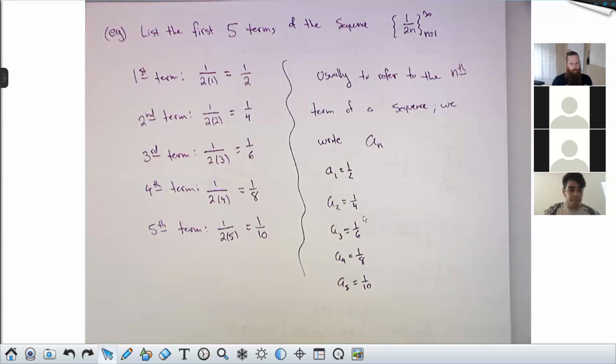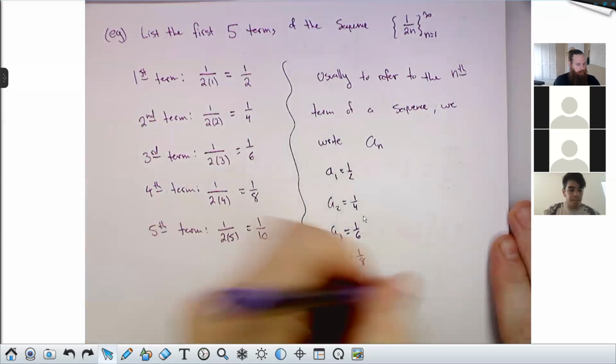I'd like to just get us a little bit more practice with the notation, play around with some things, and then I'm going to talk about a few special kinds of sequences. Okay.